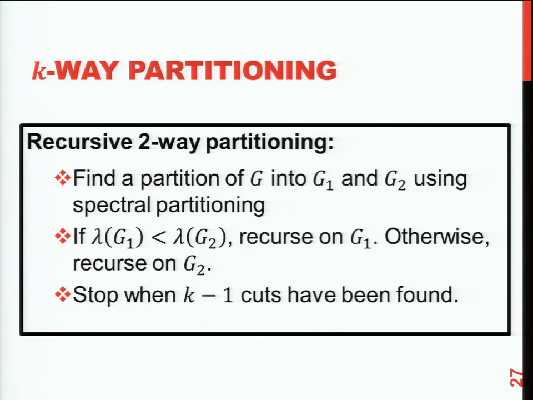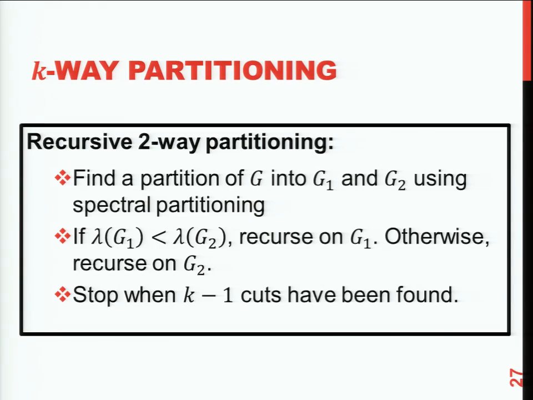You first find a partition of G into G1 and G2 using spectral partitioning. Then you see which of them has the smaller eigenvalue, whichever is smaller, you recurse on that, and you keep going. You stop when you have done this k minus 1 times, so you have k different components.